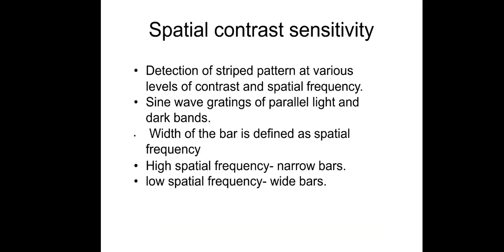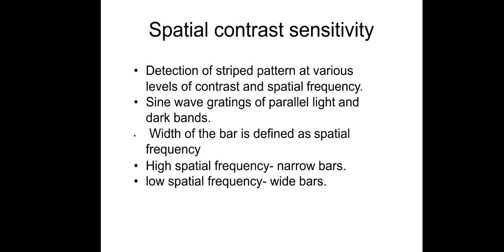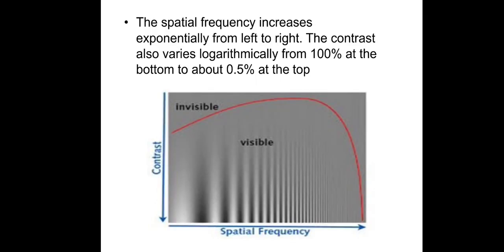If it is low spatial frequency, there will be wide bars. If the patient only sees the left image, the wide bars, that means the patient has some degree of low vision. So low spatial frequency is the wide bars and high spatial frequency is the narrow bars.